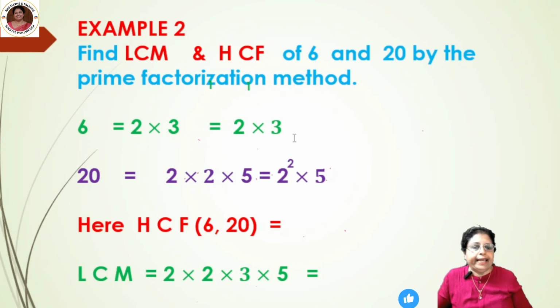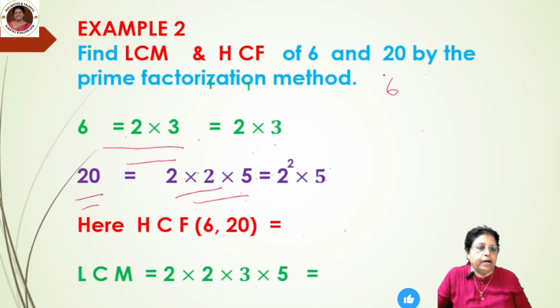Find LCM and HCF of 6 and 20 by prime factorization. You can see 6 can be factorized like this, 2 times 3. And 20 can be factorized, you know how to factorize it? 2 times 2 times 5.